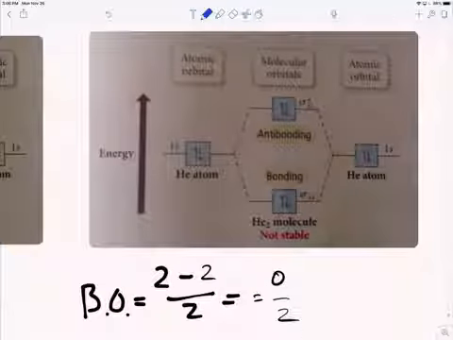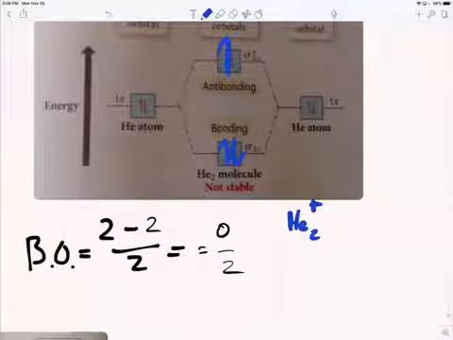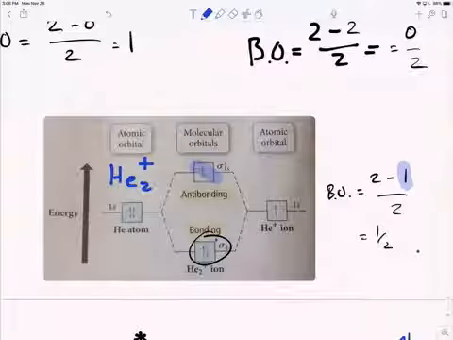So like if it's He2 plus, it would be like this situation, where actually I have it down there. He2 plus is like this, where you have 2 bonding minus 1 anti-bonding, divided by 2, or a bond order of half.